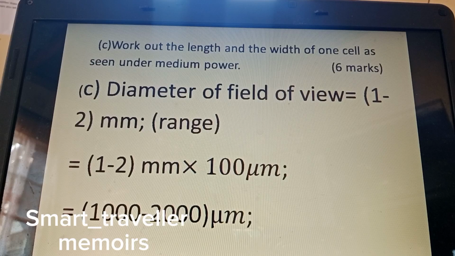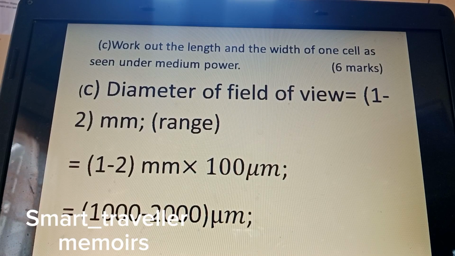And therefore, you are going to multiply this range. If it is 1 millimeter, you multiply with 1,000 micrometers, the microscopic units, and so on, right?